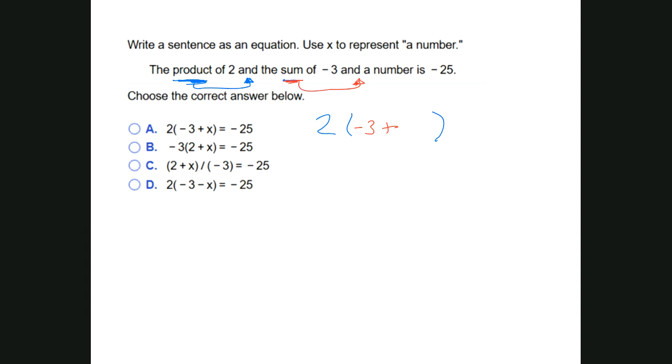This is where my plus sign would go. So the sum of -3 and a number, which is x, means equal -25. And then we'll look through our options A, B, C, or D and find what option works best. And that looks like option A.